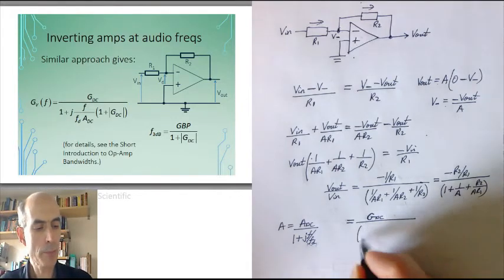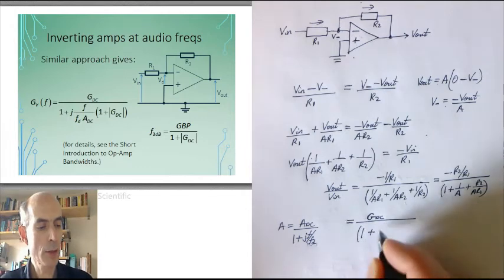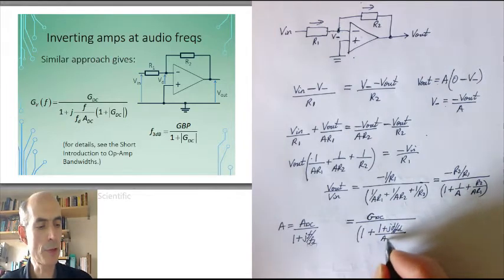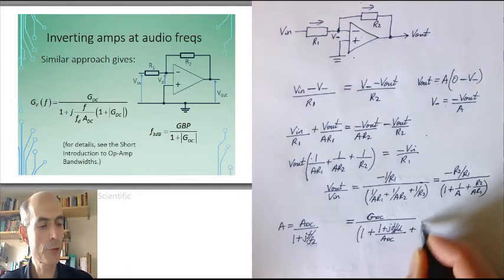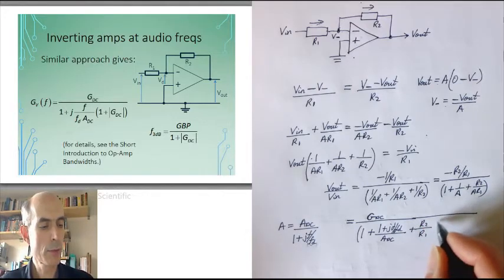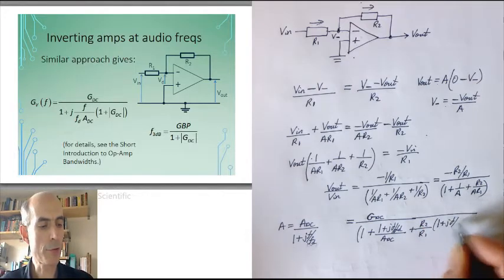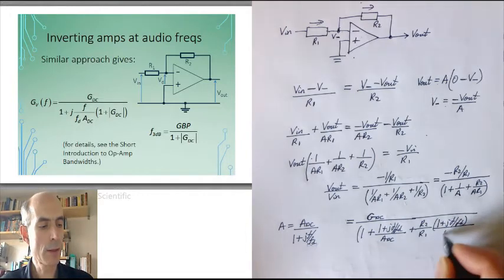That gives me 1 plus j f over Fd over ADC plus R2 over R1 times 1 plus j f over Fd over ADC.